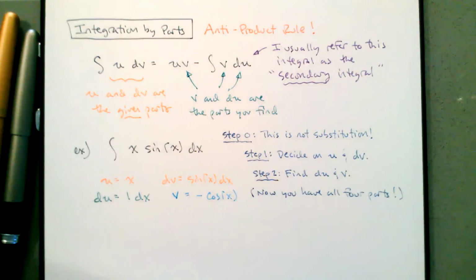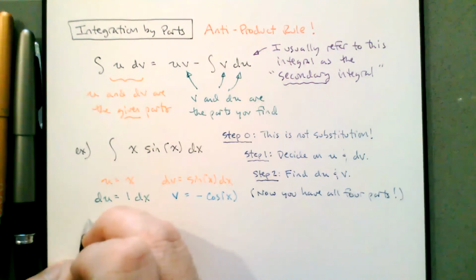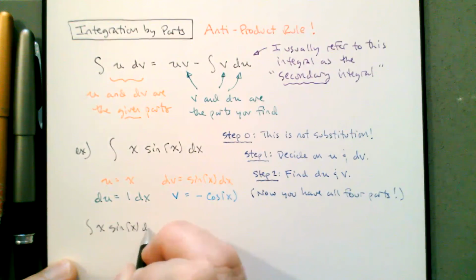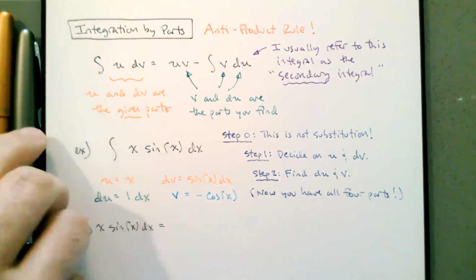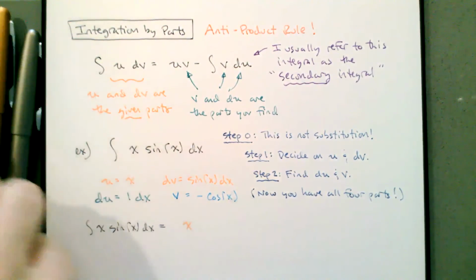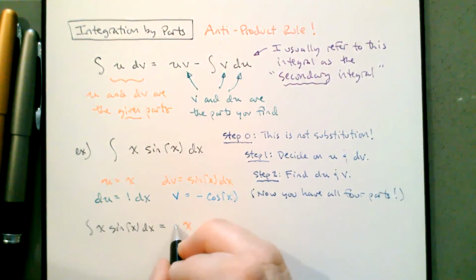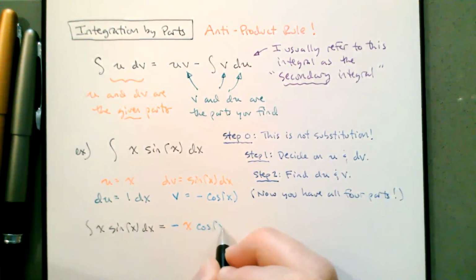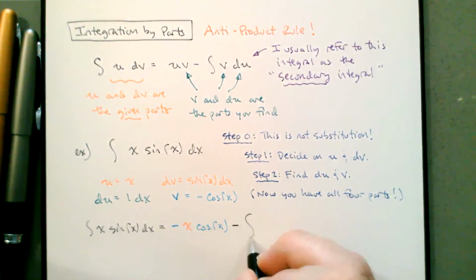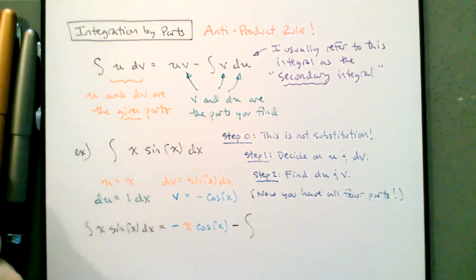So it's time to put the 4 parts into the integration by parts formula, uv minus the integral of v times du. So the integral of u dv is uv, so x times minus cosine x, minus the integral of v times du.